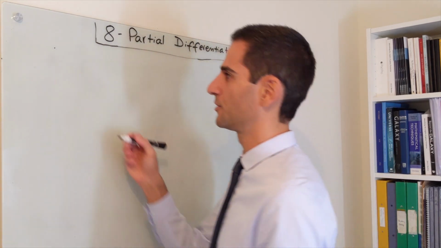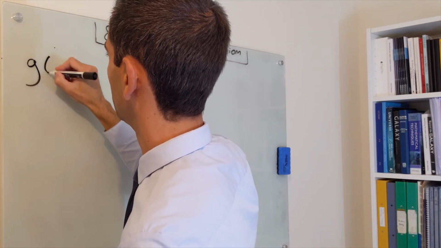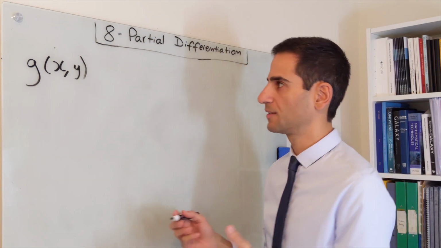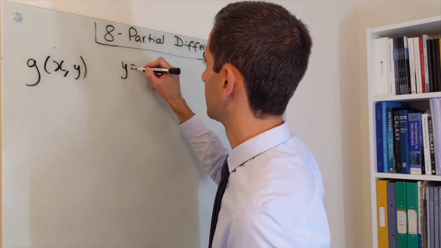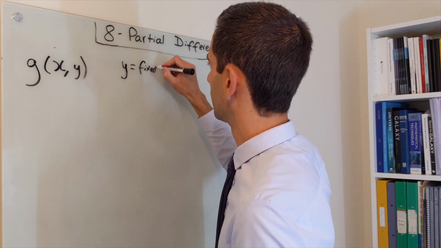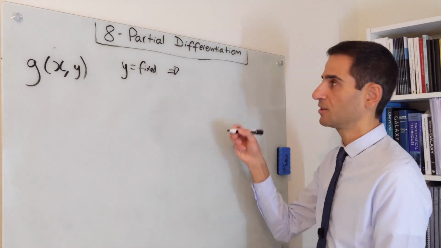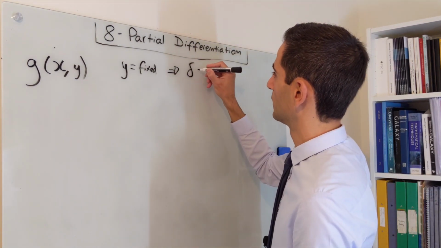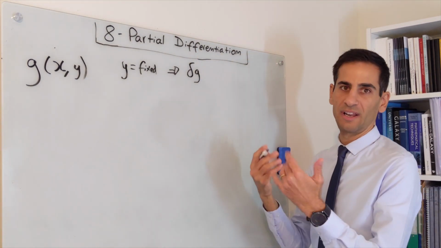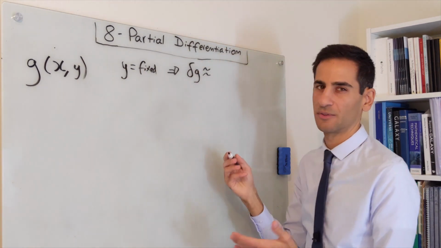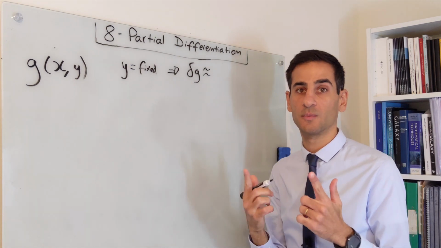Let's consider a function g that depends on x and y. First of all, let's keep y fixed and look at the change that we can write as dg when x is changing. We can write it in the same way as we did for functions that depended on just one variable.